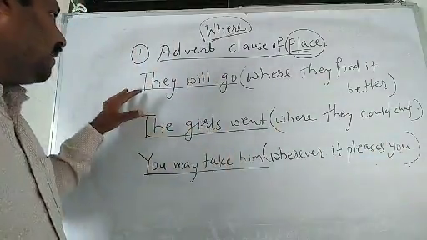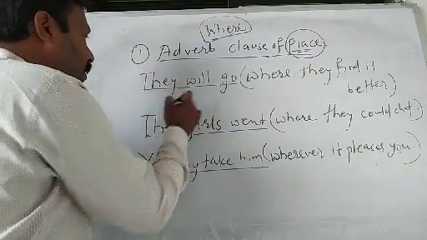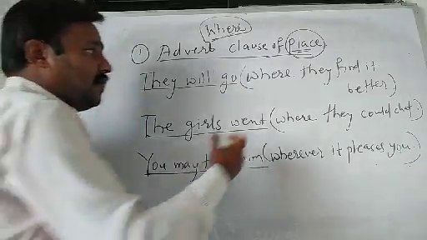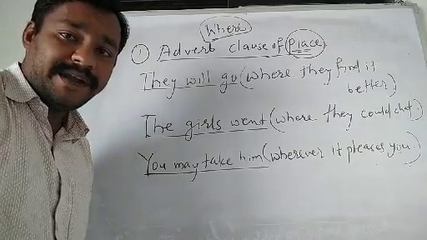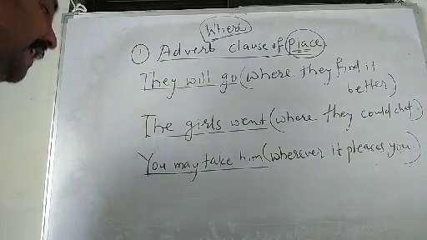For example, they will go. If I ask the question, where will they go? The answer will be where they find it better. So they are giving information about place.